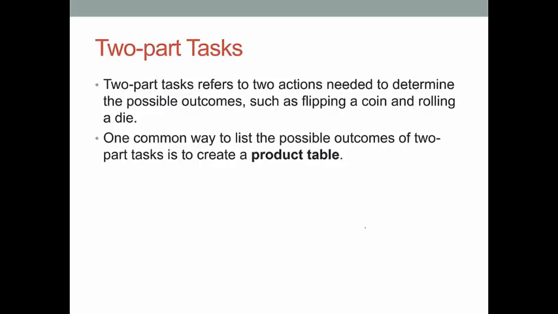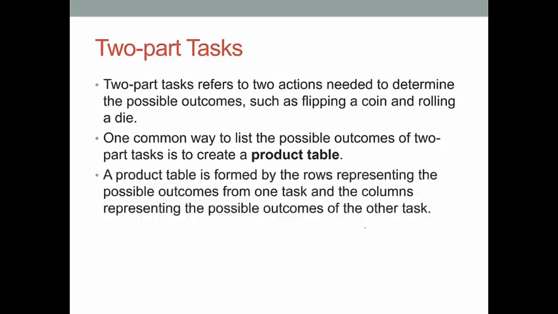That's fine. But we do want to make sure that we're keeping our information organized, because if things get more complicated, we want some way to ensure we don't repeat any possible outcomes or forget any possible outcomes. So one way we might organize the information for 2-part tasks is called a product table.